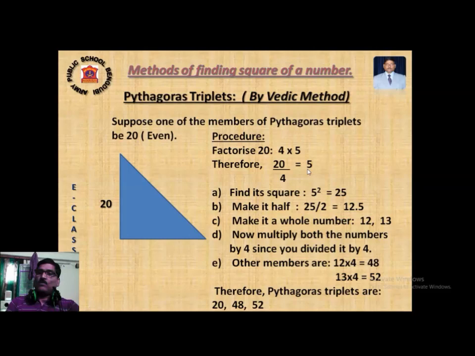Whatever members you have got here, multiplied by 4: 12 multiplied by 4 is 48, and 13 multiplied by 4 is 52. Then the Pythagoras triplets are 20, 48 and 52. Clear? This is the Pythagoras triplet.